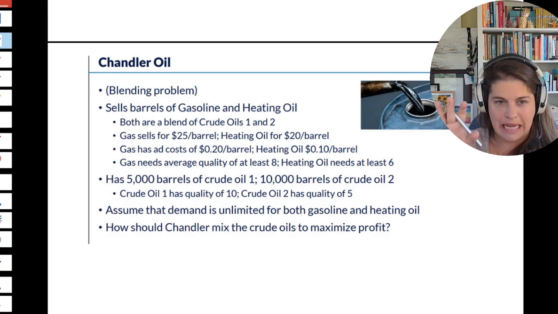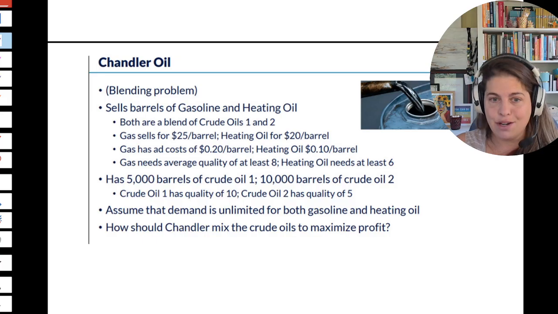So we're making gas, we're making heating oil, we're using crude oil 1, crude oil 2. Gas has ad cost of 20 cents a barrel, heating has 10 cents a barrel. It's almost negligible in this problem, but it's still there. And we have this attribute. Gas needs an average quality of at least 8. Heating oil needs at least 6.